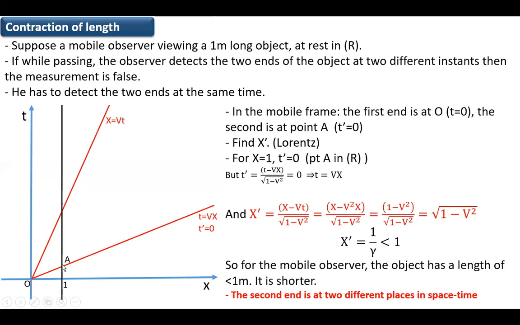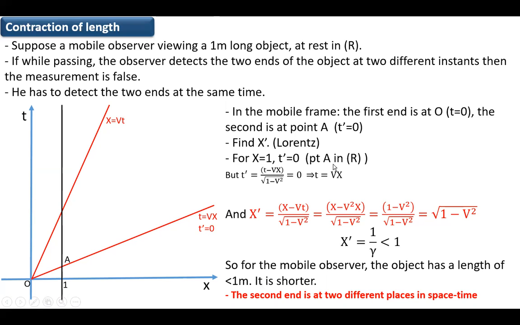So what he is really measuring in his own frame R prime, in his mobile frame, is OA, because for him, the second end of the object is at point A, because this is the point that corresponds to t prime equals 0. So let's find this distance OA, which is x prime, the length in the mobile frame R prime.